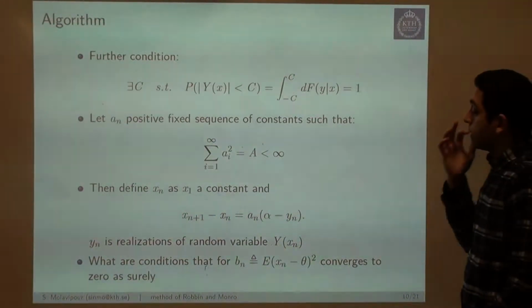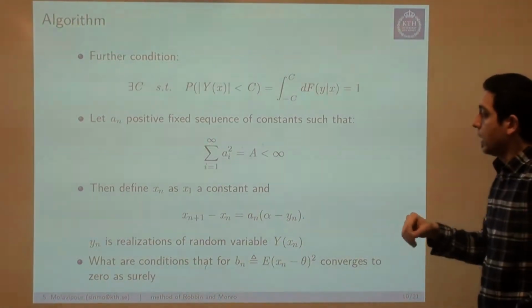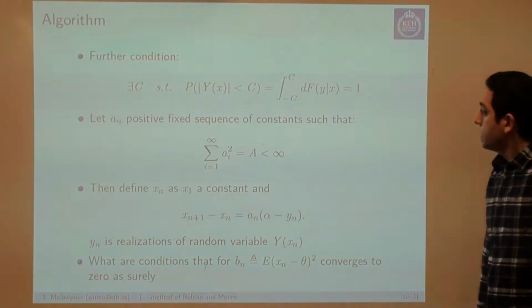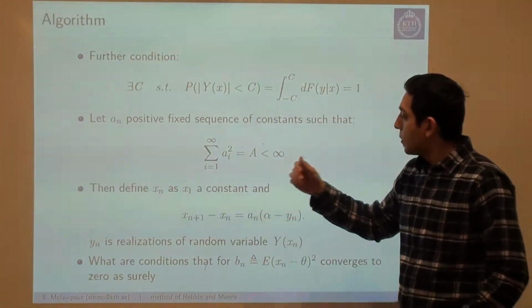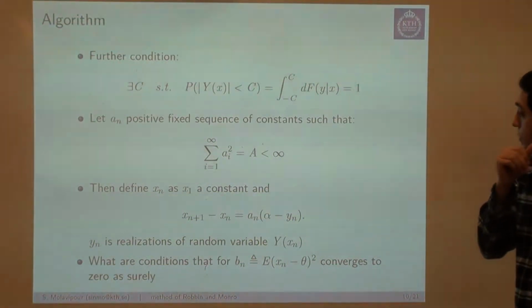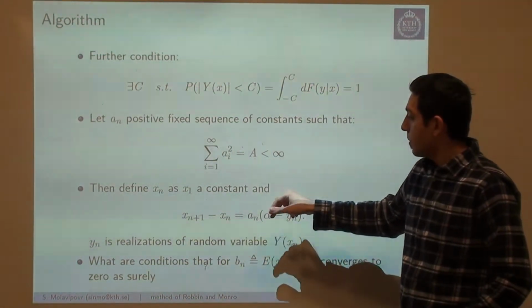So this an is a sequence like the gamma n we introduced in the previous slides. This an is a sequence that has the property that the summing over the squared is equal to a, which is a constant and smaller than infinity.